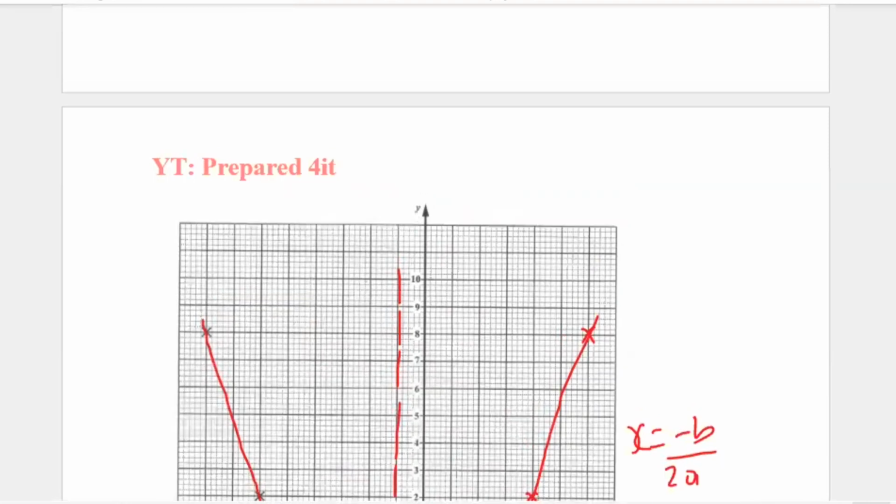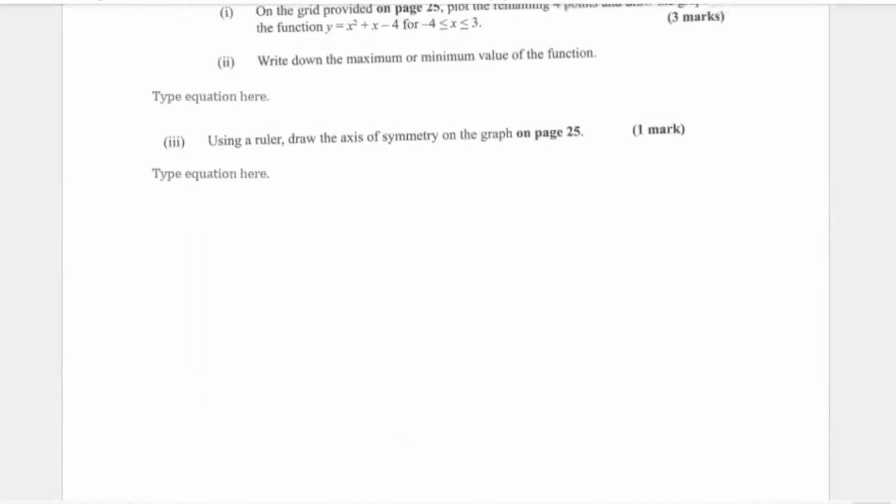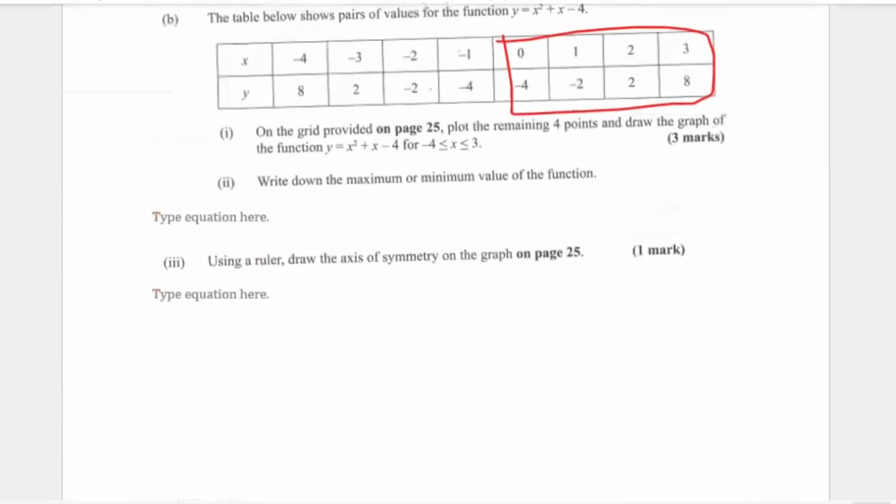So let's say we get the axis of symmetry, or minimum x value, as -0.5. If we employ that formula, remember, a here would be 1, b would be a positive 1, c is negative 4.